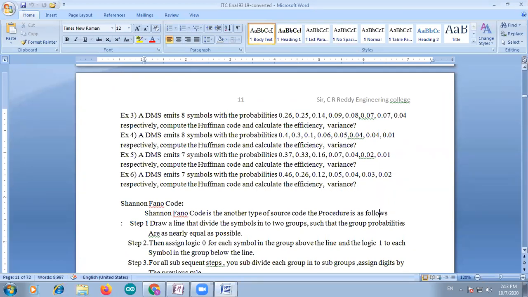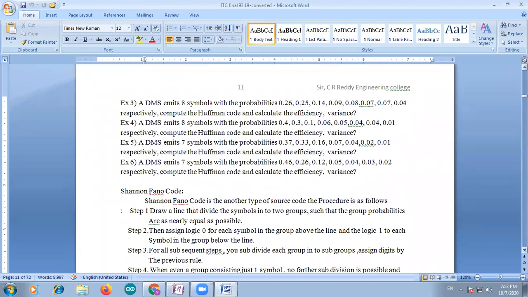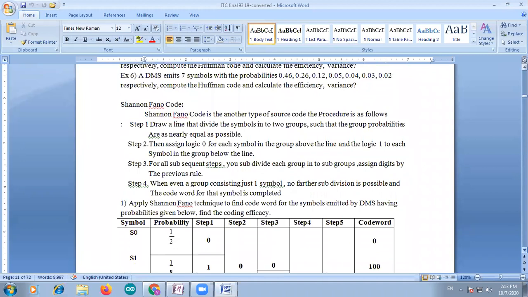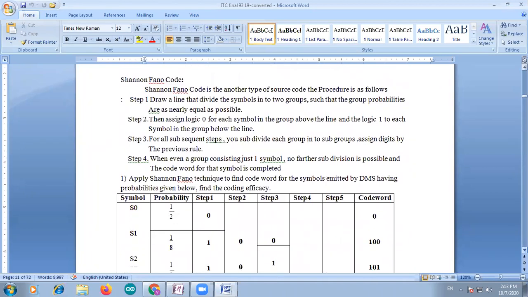Okay. Now, enter the next source coding technique, that is Shannon-Fano code. The Shannon-Fano code differs somewhat from the Huffman code.